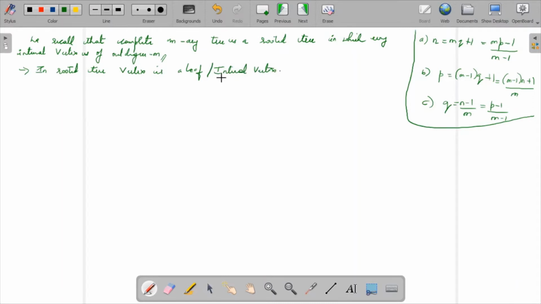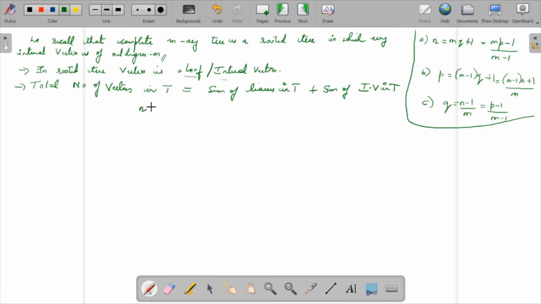So if you want to find the total number of vertices in T, it is equal to the sum of leaves in T plus the sum of internal vertices in T. If you just remember the concept, in a rooted tree you have the vertex either as a leaf or an internal vertex, so the total number of vertices is the sum of leaves and internal vertices in the tree.